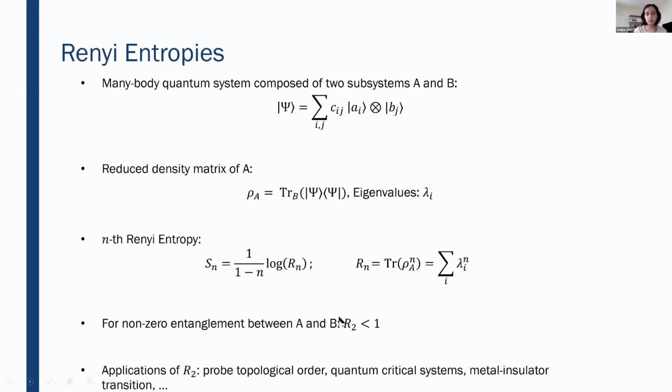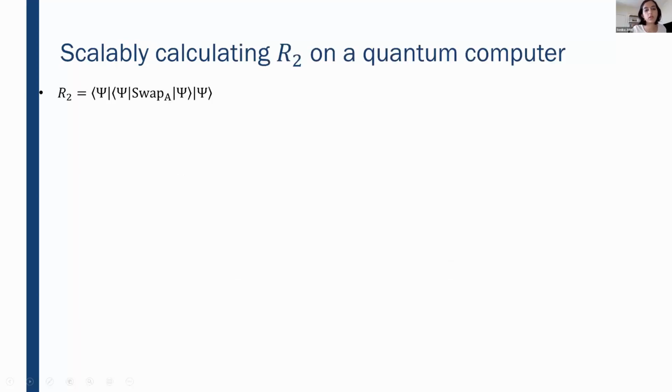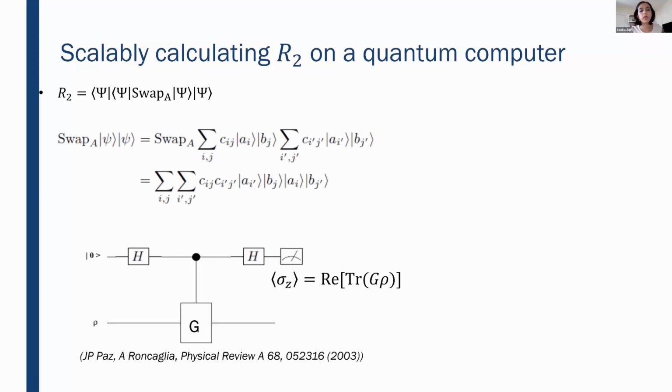And so even with just R2, which is the second Renyi entropy, there are many applications. Here I've written some applications in condensed matter physics where you can probe different kinds of order and study phase transitions, etc. So how do we calculate R2 on a quantum computer, right?